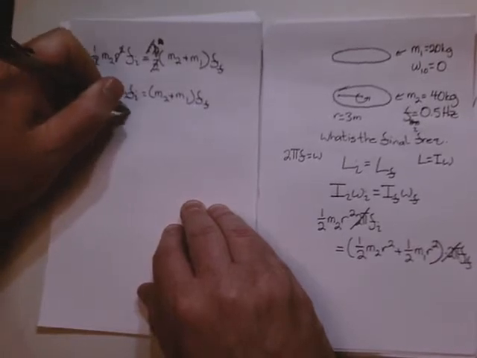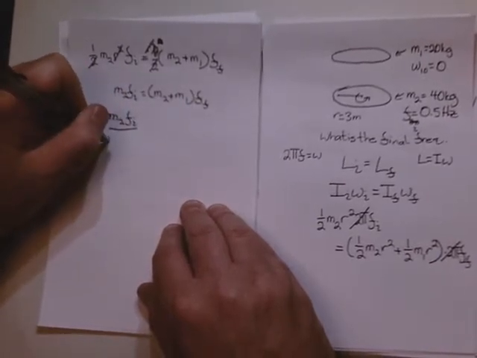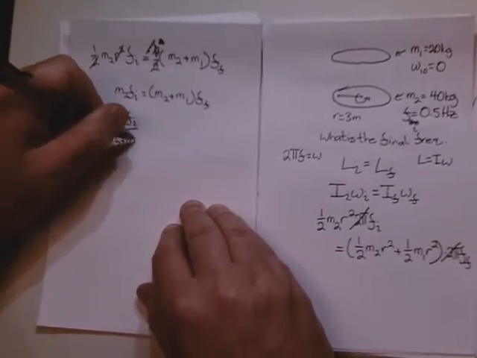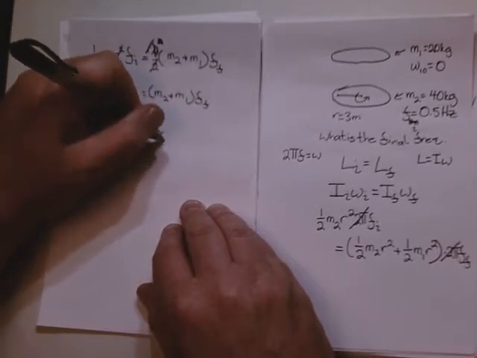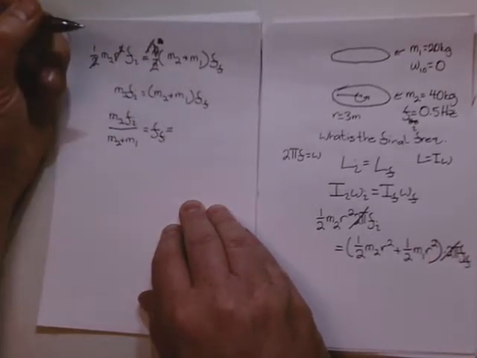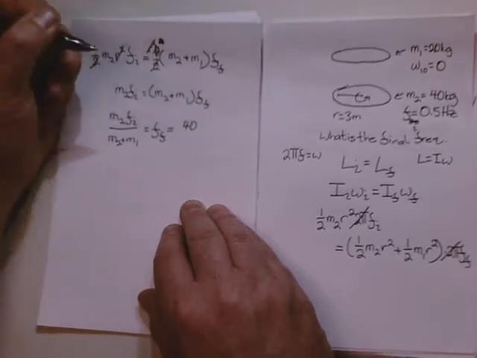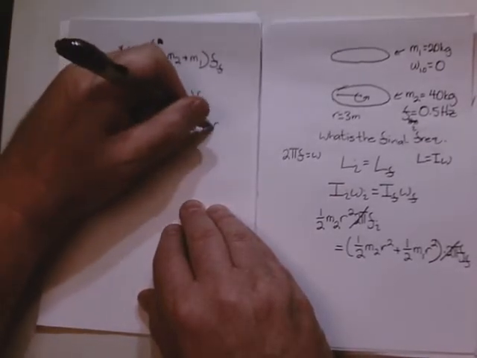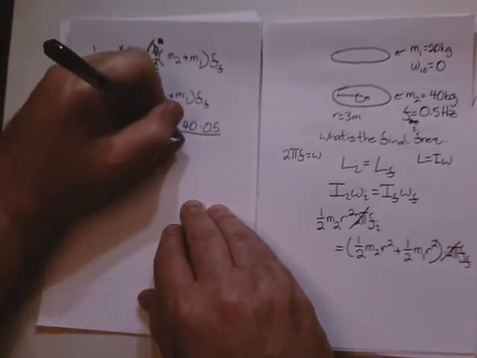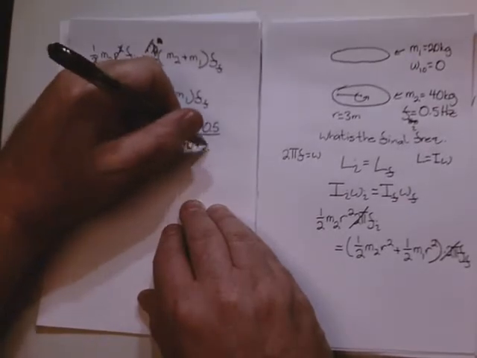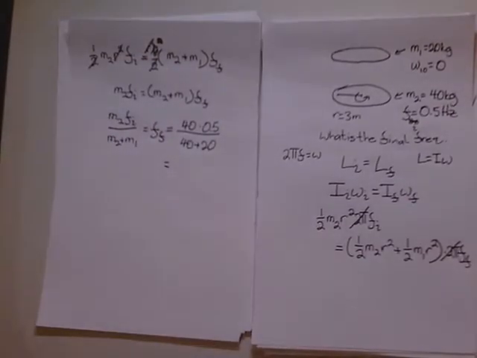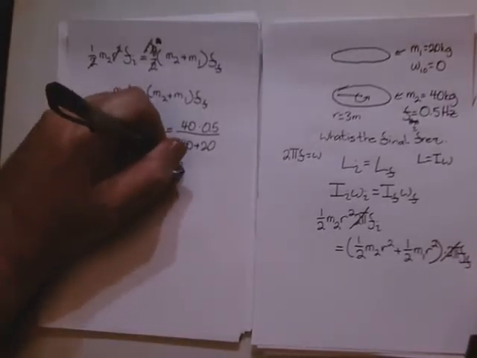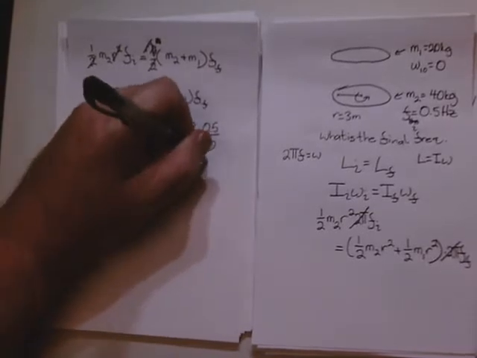So m2 f initial over m2 plus m1 is equal to the final frequency. And that means it is 40 times 0.5 over 40 plus 20, or 0.34 hertz.